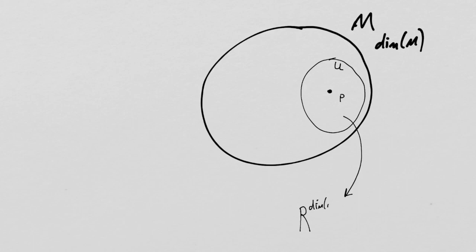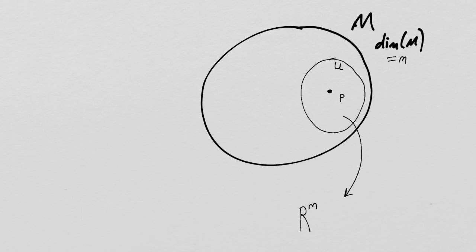So this picture should pop into your head every time you think of a manifold M. You imagine a representative point, which we could call P, and around that representative point, you have a chart region, which you might call U, and that chart region has a mapping into R to the dimension M. If the dimension of M, let's simplify that, let's call that little n, so this maps into R^n, where n is the dimensionality of the manifold.